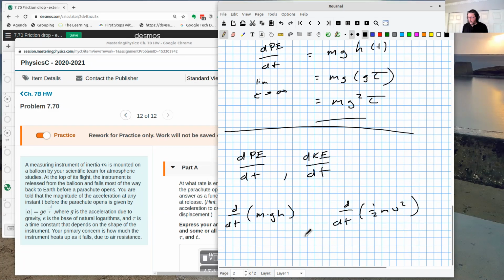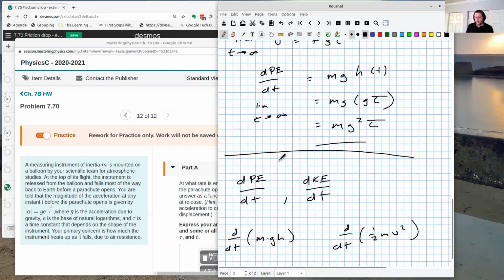That means we need functions for the height as a function of time, and we need a function for the velocity as a function of time. So I'm going to stop here for right now, because this is already getting long enough as a starting point. And I want you to give it a shot for part A of this problem using this idea. And this is the answer for part B. You just need to plug the numbers in.